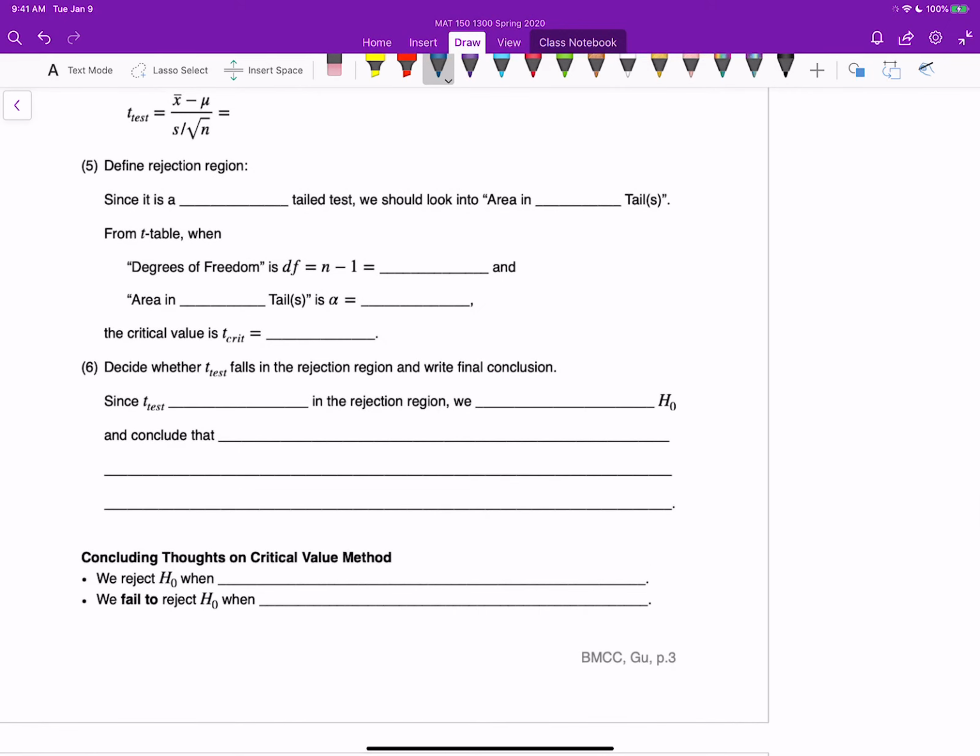So some concluding thoughts on the critical value method. We reject the null hypothesis when the test statistic falls in the rejection region.